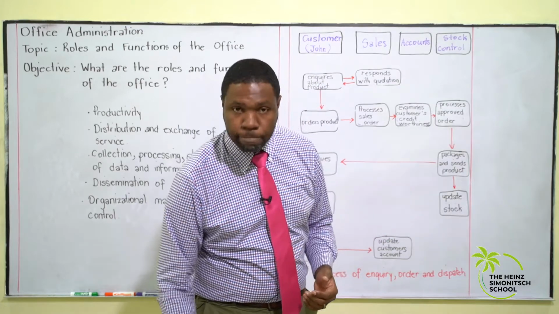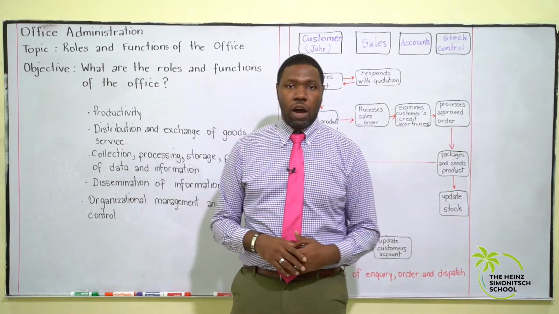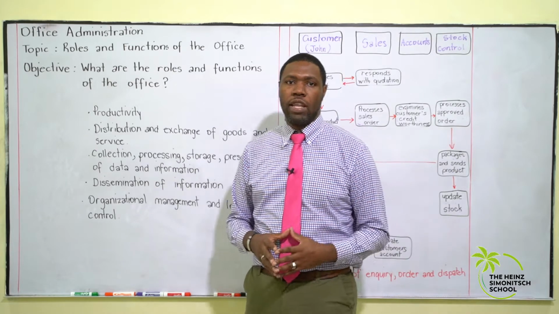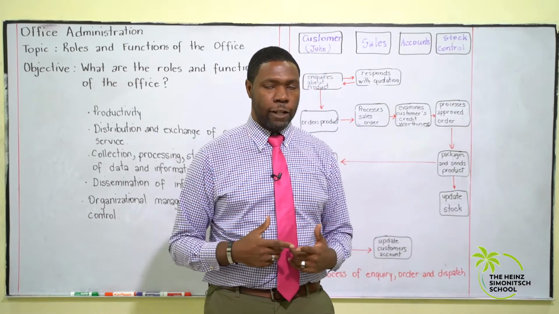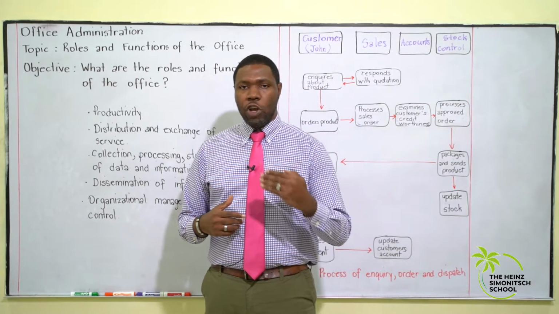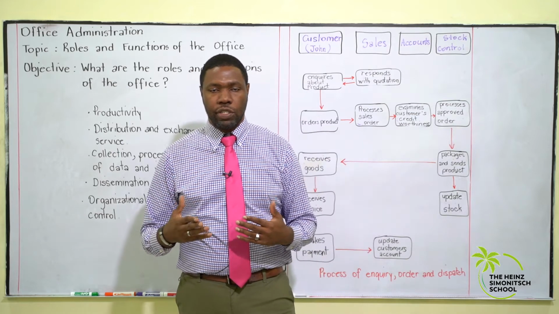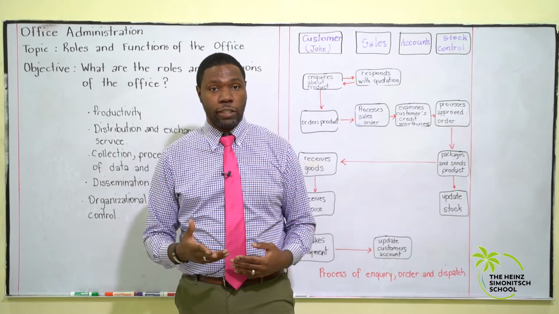All right? Some other functions of the office include assisting the business in becoming and remaining a good corporate citizen through compliance. Now, every good citizen has responsibilities that they must carry out. For example, as a citizen, you are required to pay taxes.